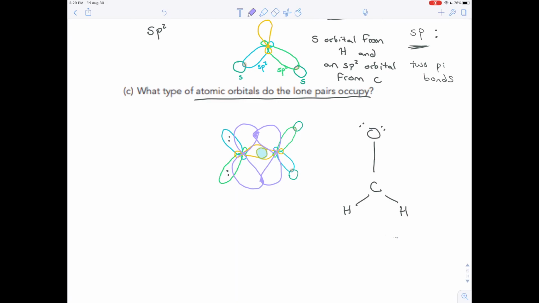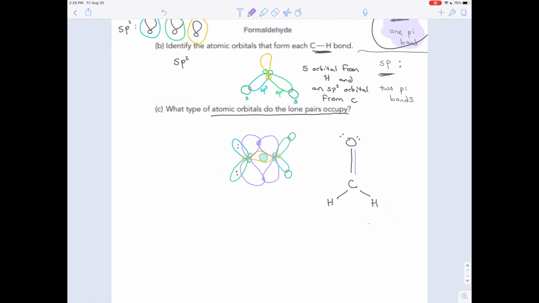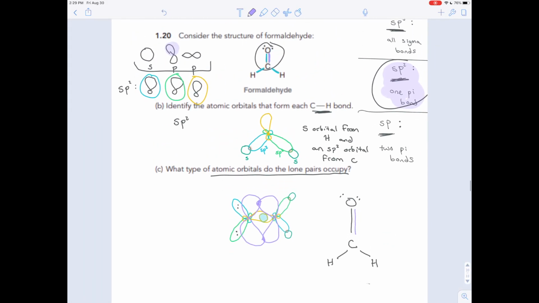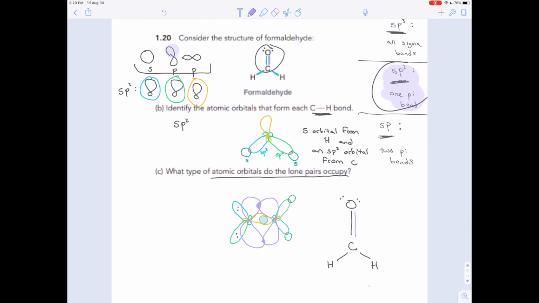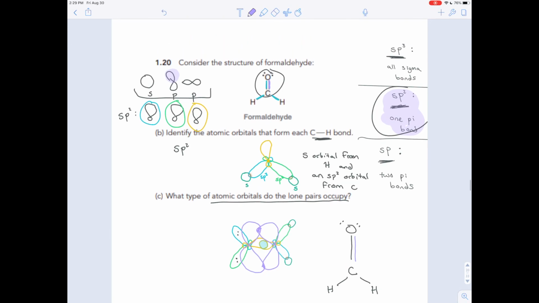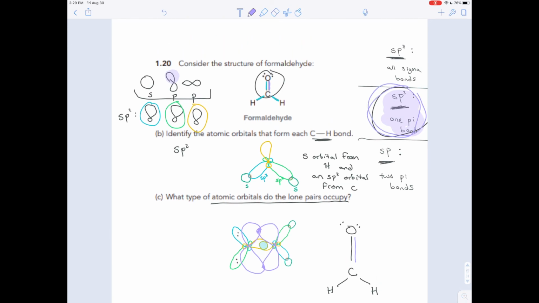So that would be that second bond between the carbon and the oxygen. So it takes a little bit of mental acrobatics to visualize these things, but you form bonds by the overlap of orbitals, and you can figure out the orbitals on any atom based on the number of pi bonds it has. And lone pairs exist in those orbitals that you predict that way.